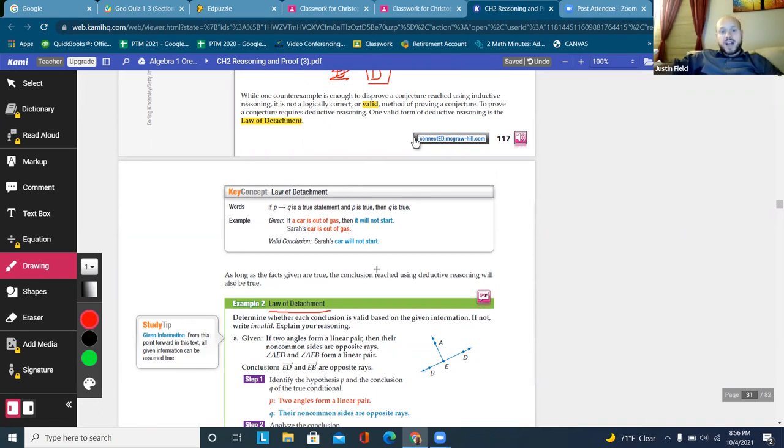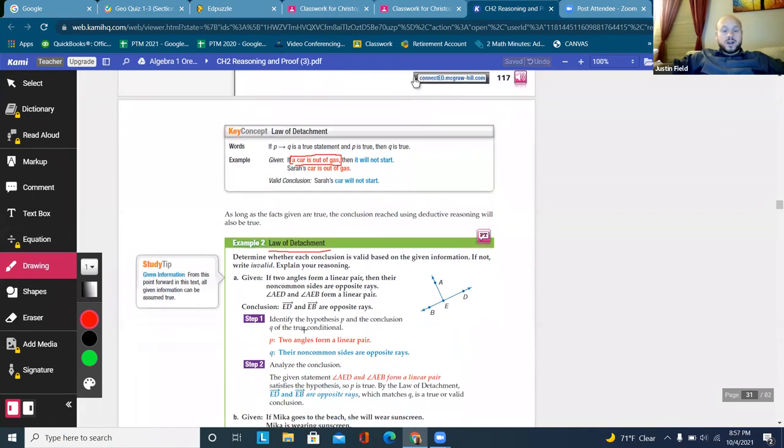Okay, the law of detachment says if you are given the statement, a statement that is the hypothesis of a conditional statement, then you can draw the conclusion. Okay, so if you're given the conclusion, you can't draw the hypothesis. That's invalid. But if you're given the hypothesis, you can draw the conclusion. All right, so let's explore.